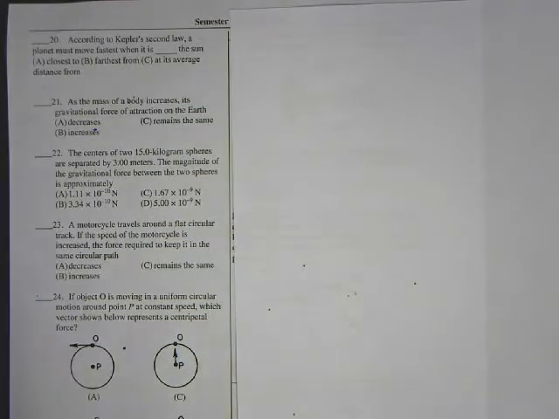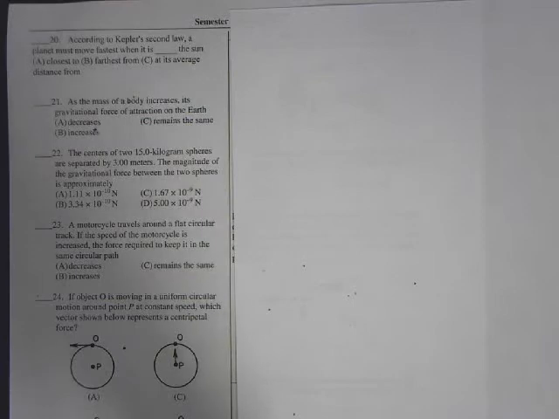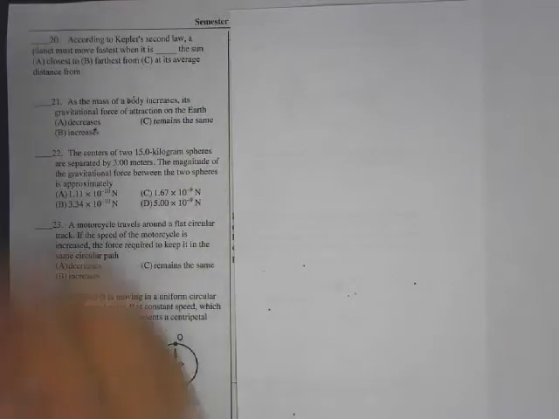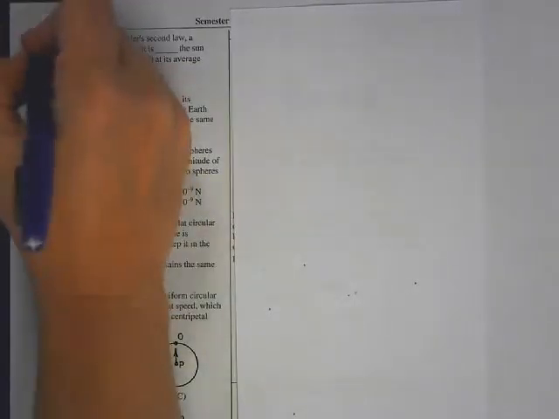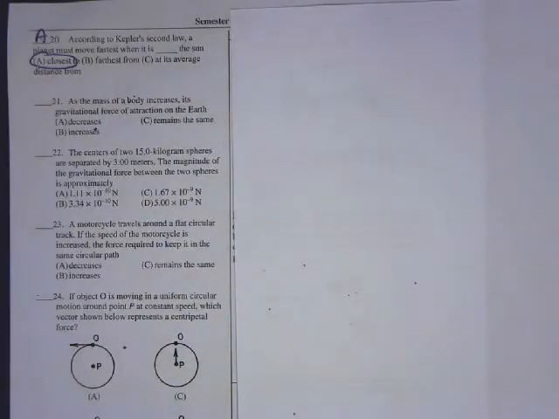According to Kepler's second law, a planet must move fastest when it is closest to the sun. Because remember, having to do with conservation of energy, when it's closest to the sun, it has more kinetic energy and less potential. When it's farther from the sun, it has more potential and less kinetic. So this answers A.